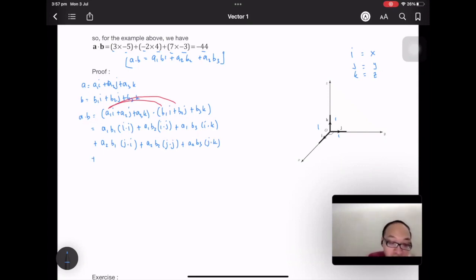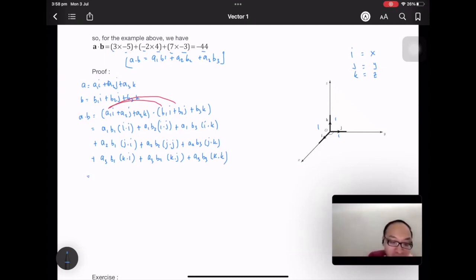And then the last ones, A3B1 k dot i, plus A3B2 k dot j, plus A3B3 k dot k.